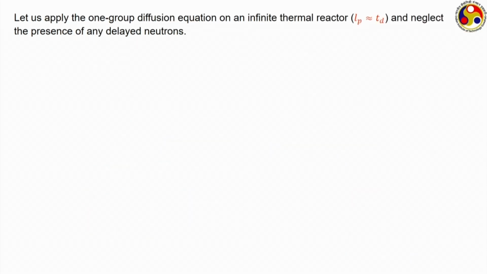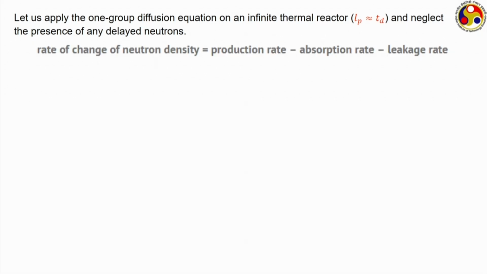Now, we have to apply the one group diffusion equation on an infinite thermal reactor. Here the reactor is infinite, and from the previous slide, we are taking this prompt neutron lifetime to be equal to the diffusion time, and also we are neglecting the presence of any delayed neutron from any source. So, this is the equation that we have dealt with earlier also.